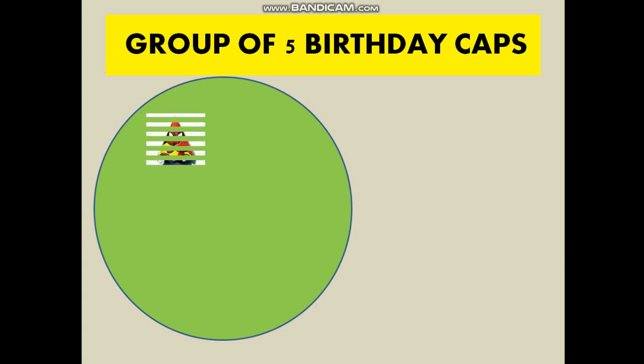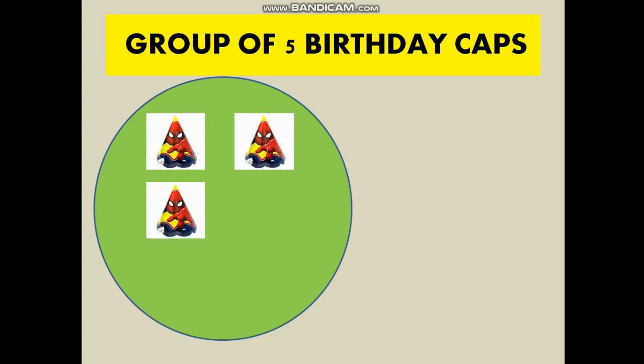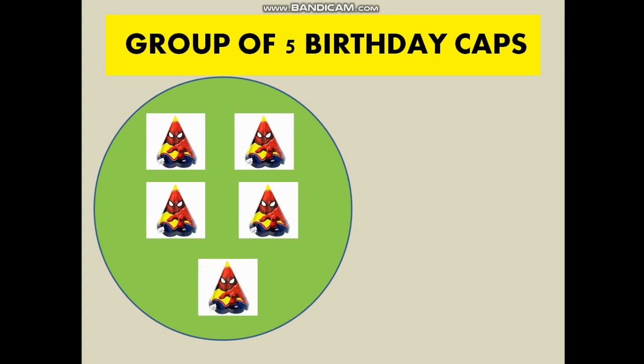So 1, 2, 3, 4, 5. These are the 5 birthday caps which are required to be here, and what are left are kept outside the group. They both are outside the group. Okay, let us see what is the next item.